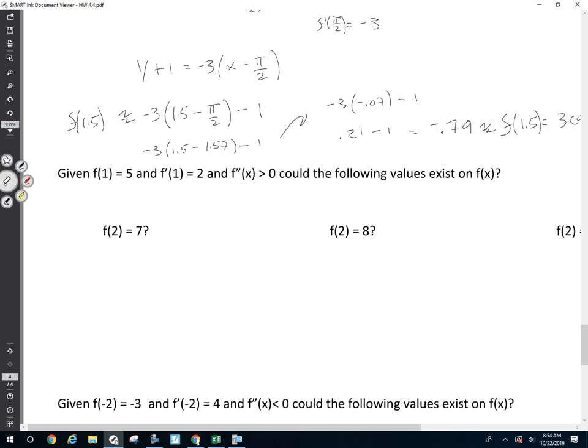Here's what I know. I'm going to do this visually. If I have the point (1, 5), the slope is 2 at that location. But my function is concave up.